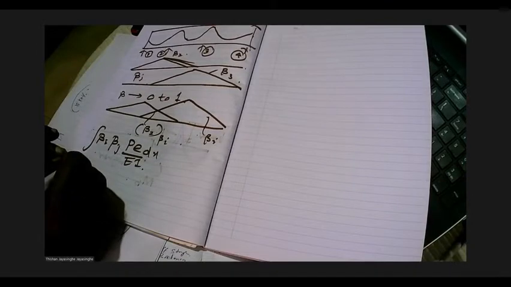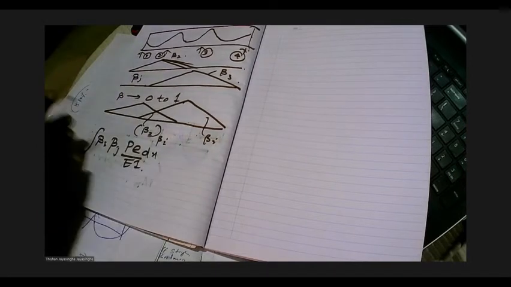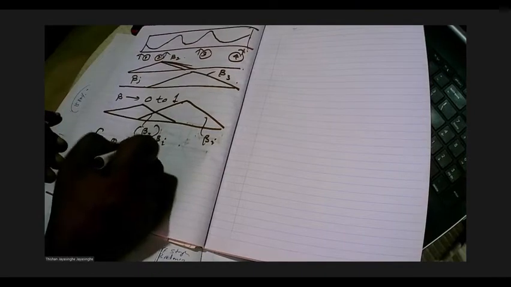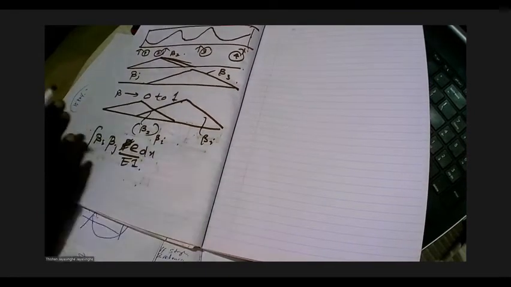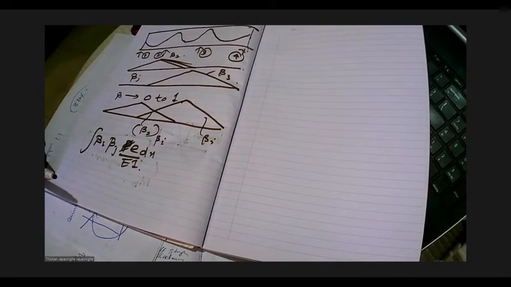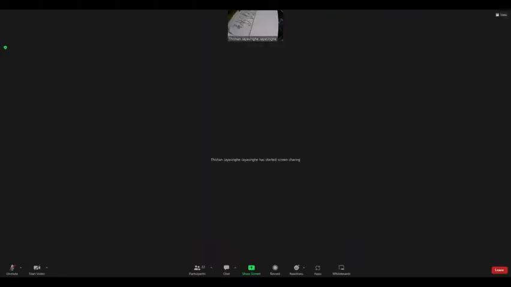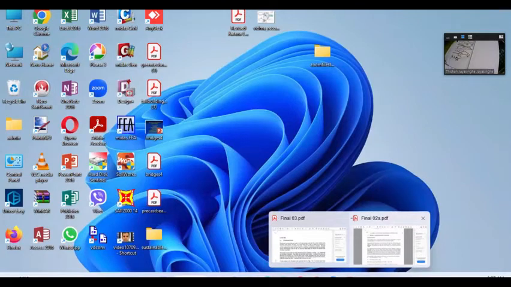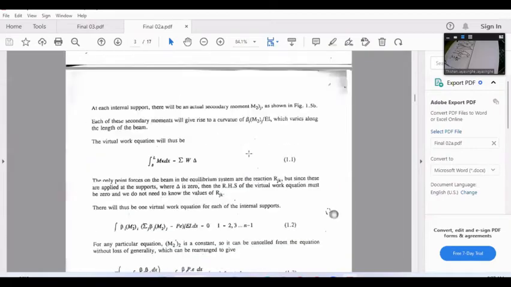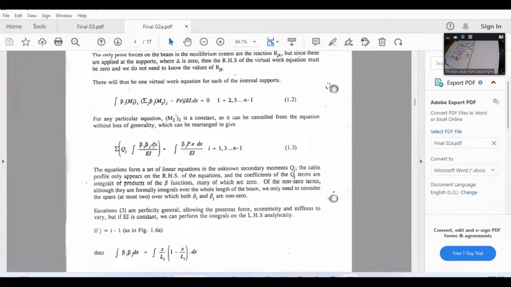And if the prestressing force is known, then so this is not P E dx over EI, because if you look at the note, the equation is beta I beta j dx over EI, there's no E.